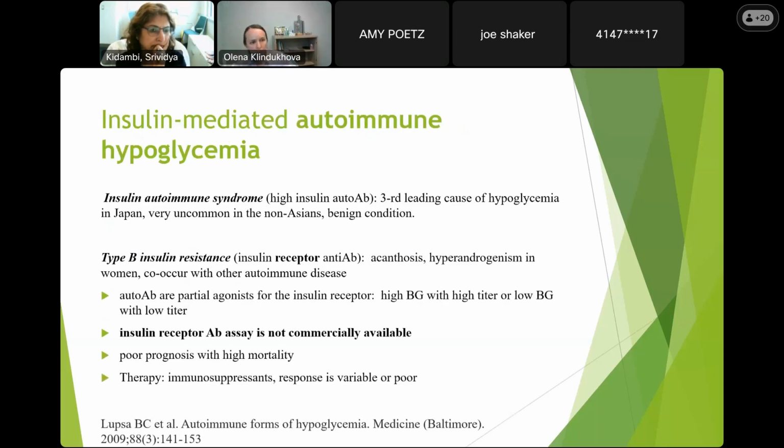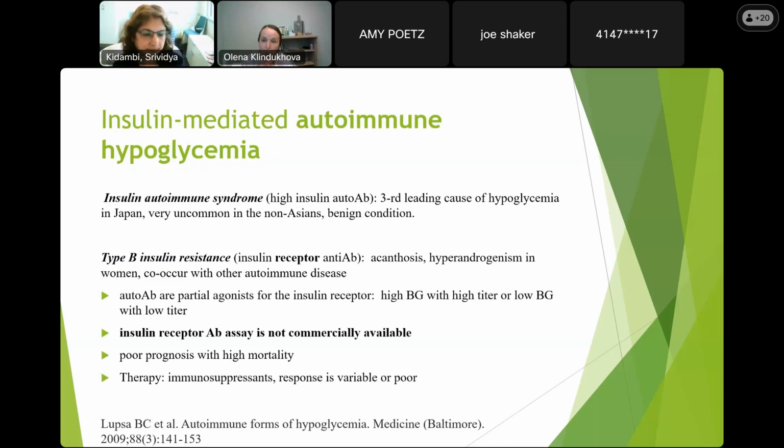The less common causes and a little bit more confusing insulin-mediated hypoglycemias are the autoimmune kind, okay? There are two different autoimmune kinds. Benign insulin autoimmune syndrome is the one associated with high insulin antibodies.